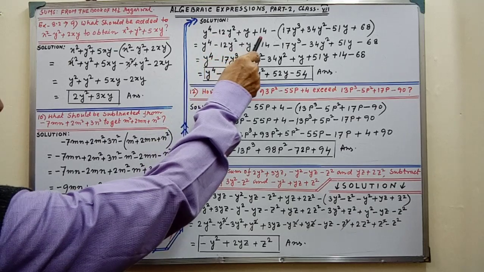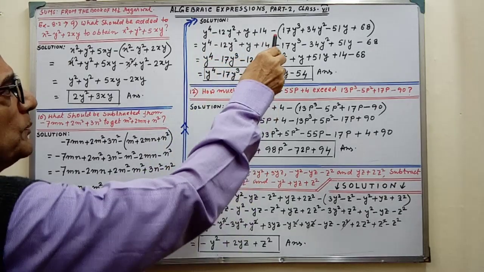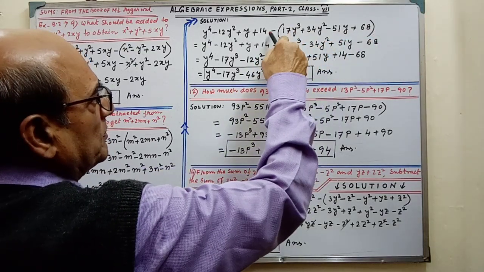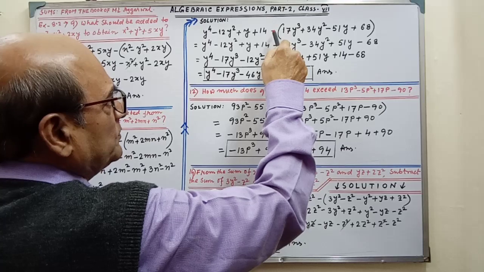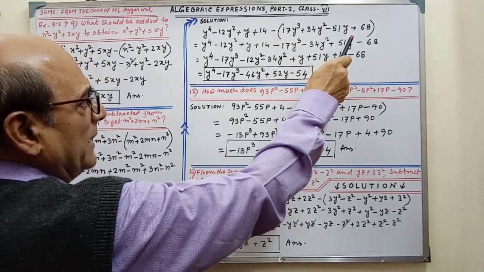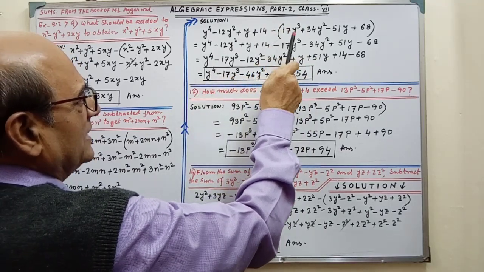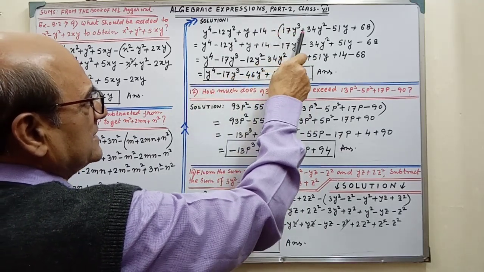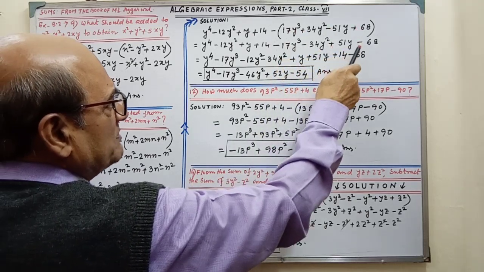After writing this first, we have to keep this by putting first bracket, then minus. Within the first bracket putting minus, we write the expression which we have to subtract. After that, we have to eliminate the bracket by changing the sign: this plus to minus, this plus to minus.